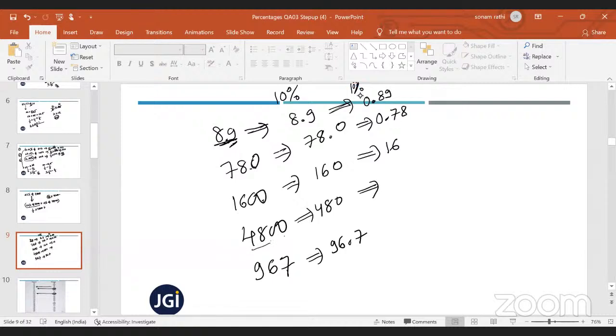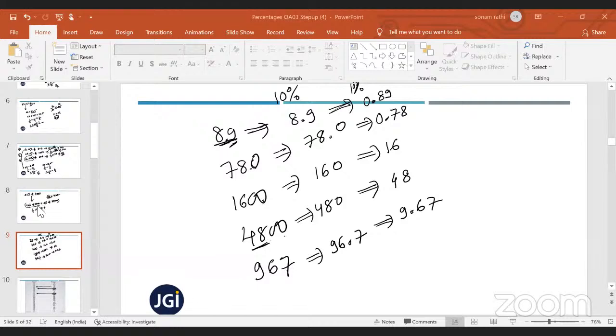In this, 1% is 48. In this, 1% is 9.67. Right? So everyone got how to calculate 10% and 1%. 10% is simply remove the last digit and put a decimal before that. For 1%, you take the last two digits and put a decimal before that.